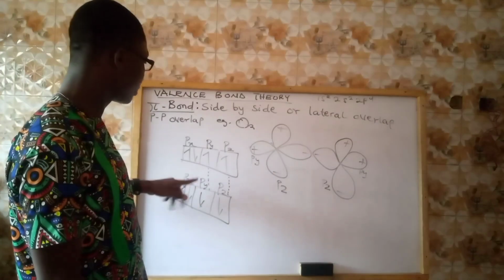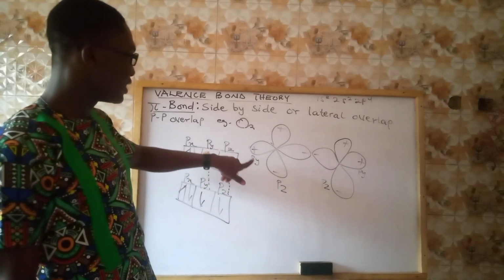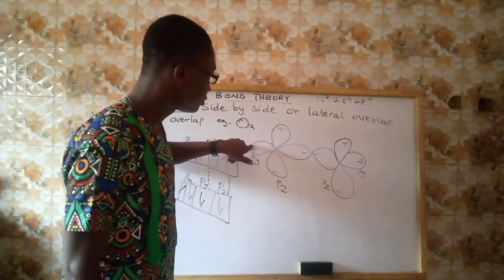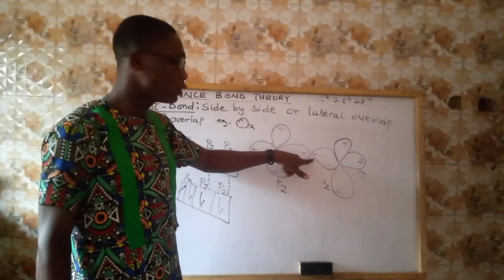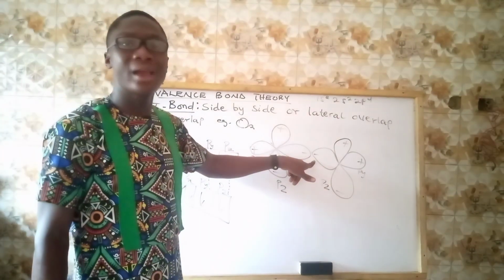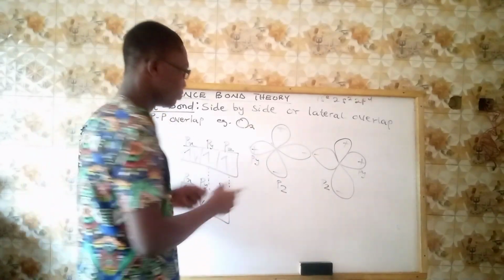So for the first one, PY overlaps with PY. So the PY here will have to overlap with this PY. But for this one, they overlap head-on. The overlap here is head-on overlap, and this will form a sigma bond.